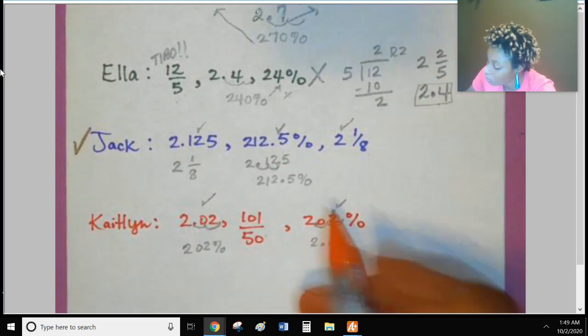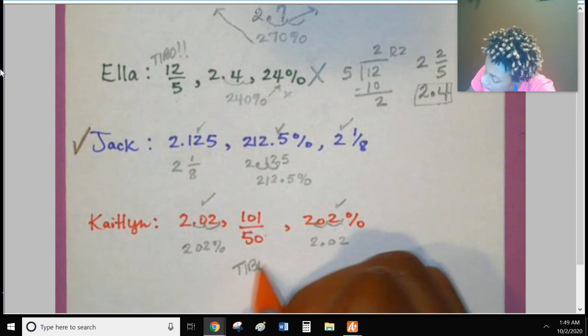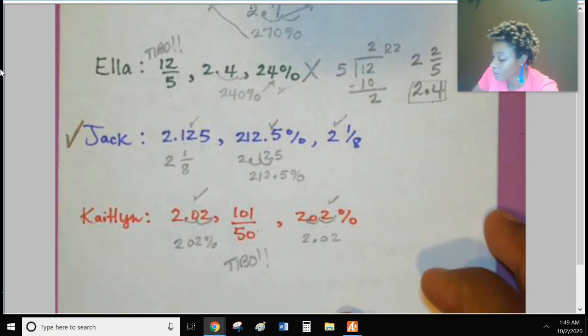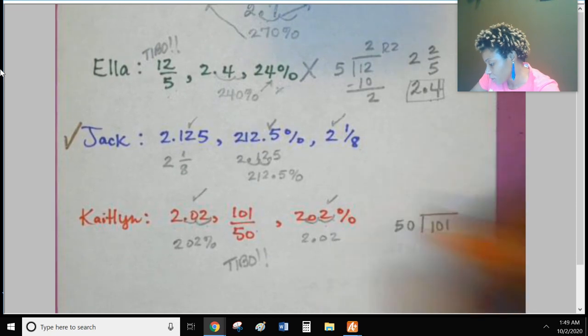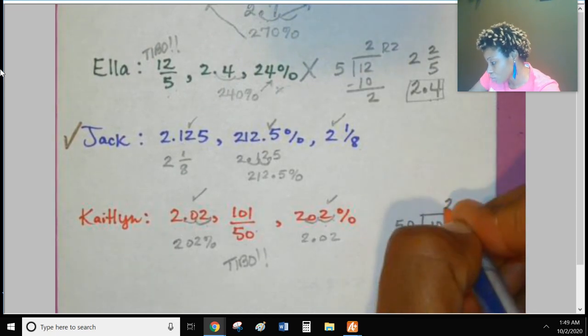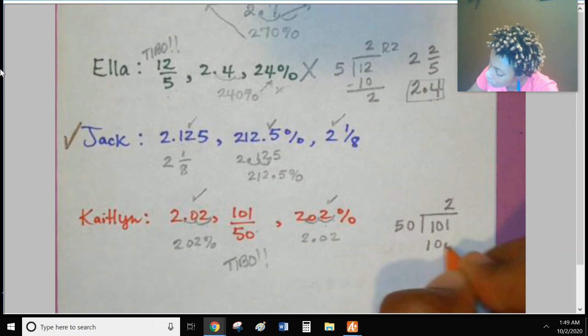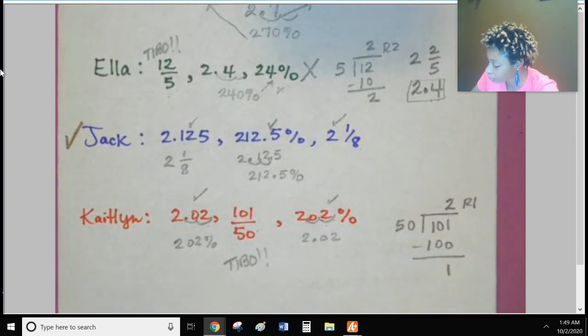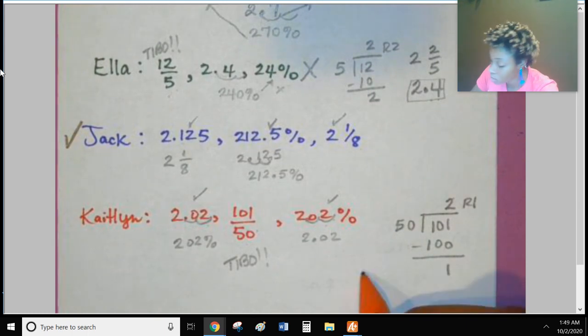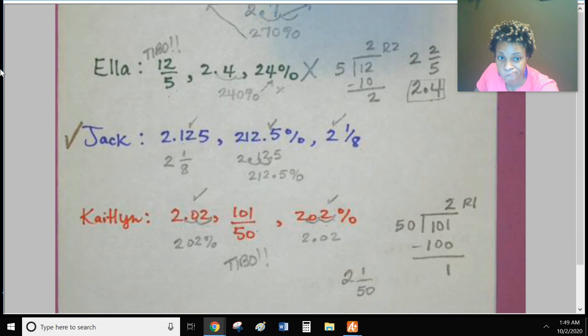Let's see here. This would be Tebow. Again, top and bottom out. 101 divided by 50. I know that 2 times 50 will give me 100. I have a remainder of 1. This will be 2 and 1/50. Is that 2 hundredths?